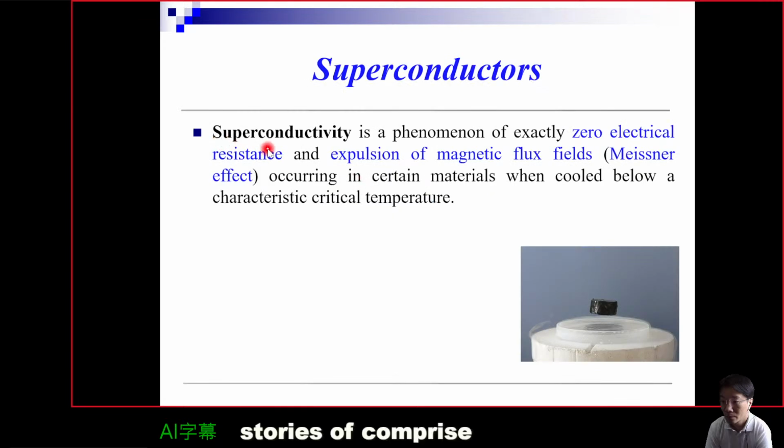Okay, so superconductivity is a phenomenon of exactly zero electric resistance, and there is also expulsion of the magnetic flux field. This expulsion we call the Meissner effect. They will repel all the magnetic flux inside the superconductor.